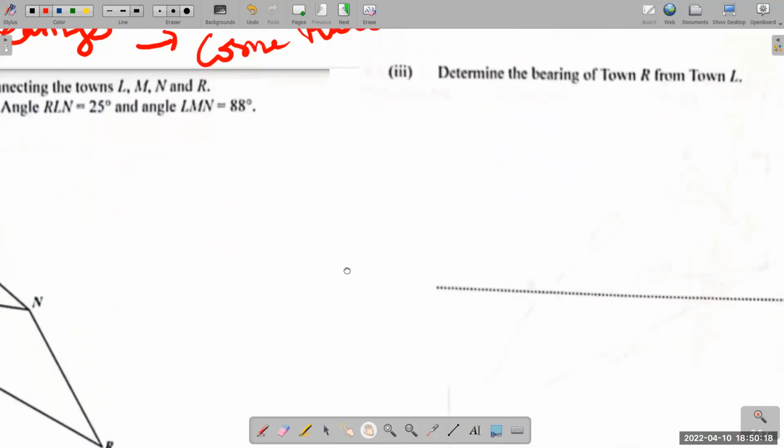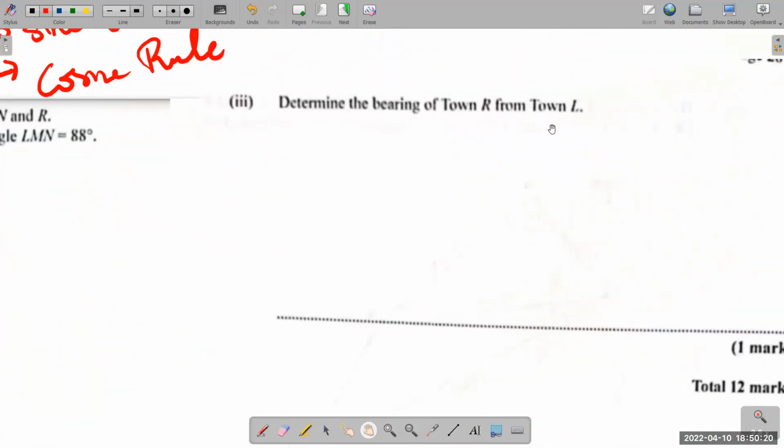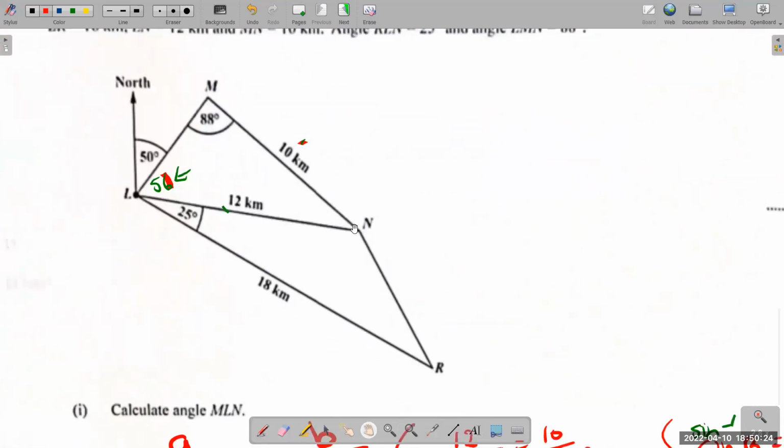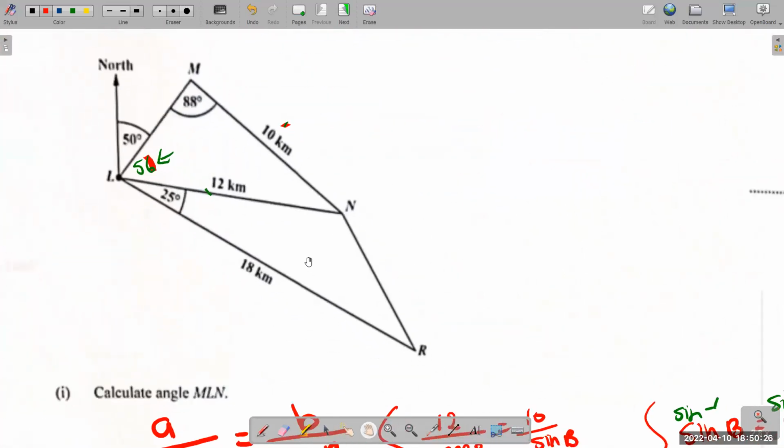Oh, I love this. Determine the bearing of town R from L. So look at this. They want the bearing of R from L. Let me see who's thinking. What's the answer? What do we do? The information is right there in the picture, which is why I always encourage you to write the answers in your picture.